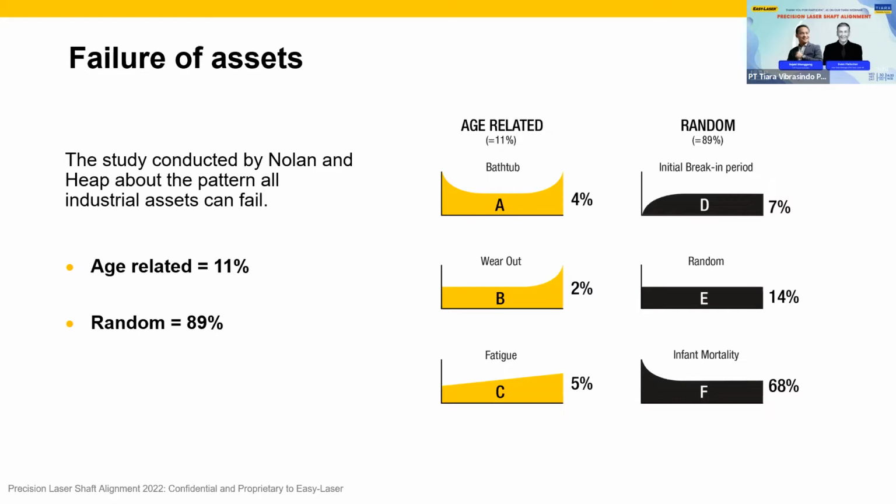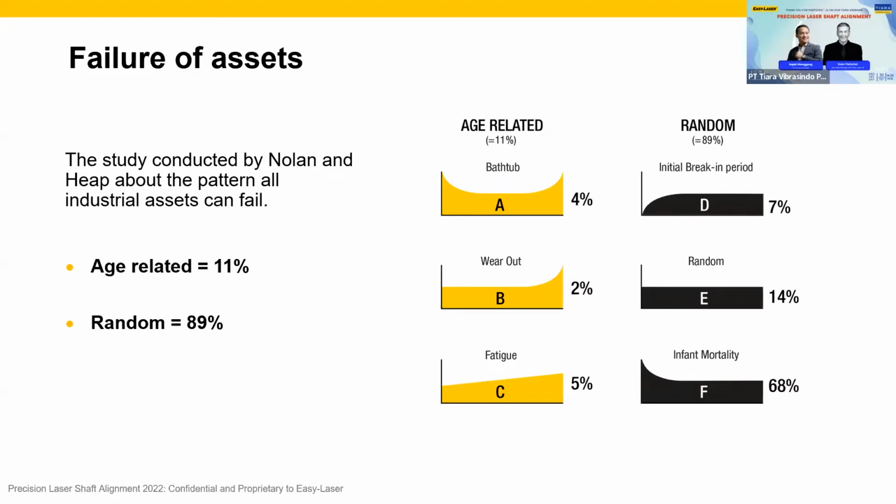So 89% of the machines, the very majority, are actually failing through randomly occurring problems. For example, the initial breakdown, completely random, occurred in 14%, or is related to infant mortality: especially after installation and going into operation, or right after an overhaul, the machine has a high risk, a tendency to fail. So the majority of machine failures that occur are completely random.